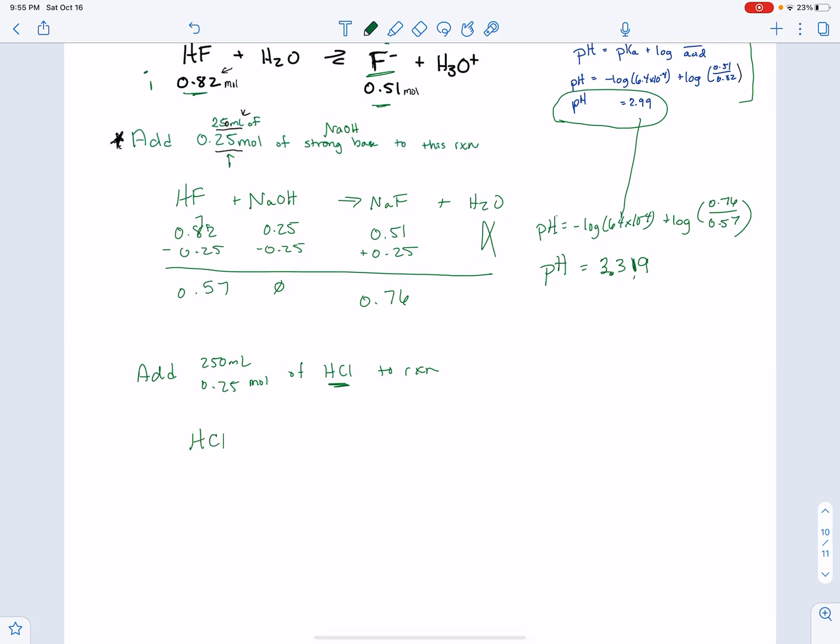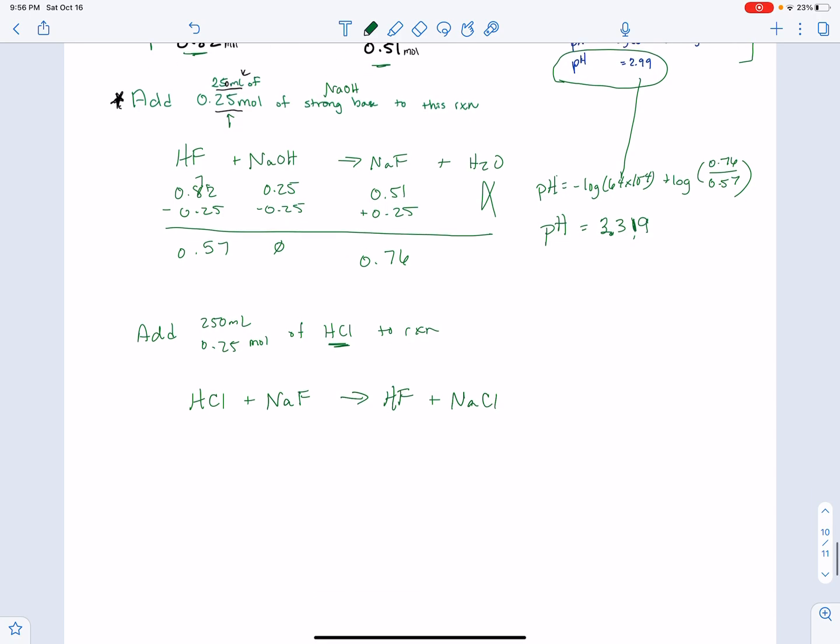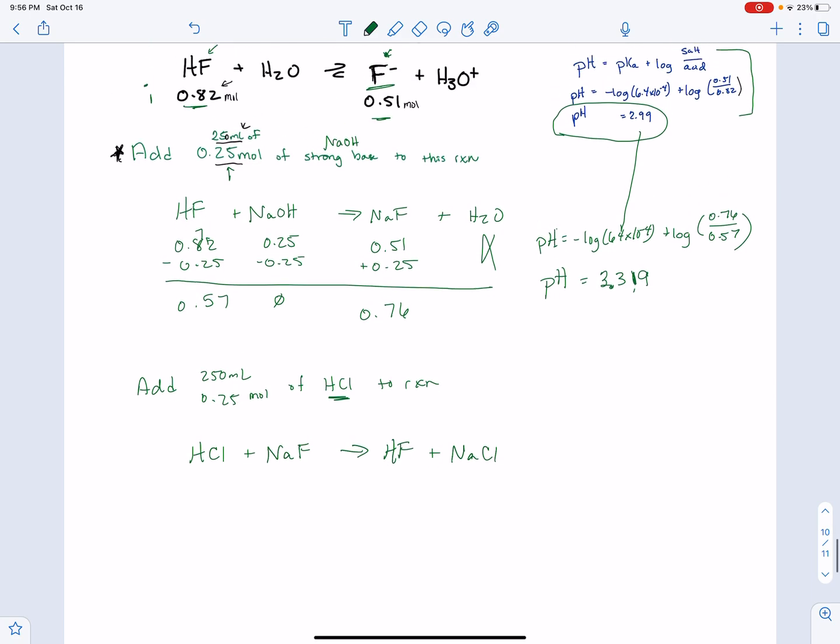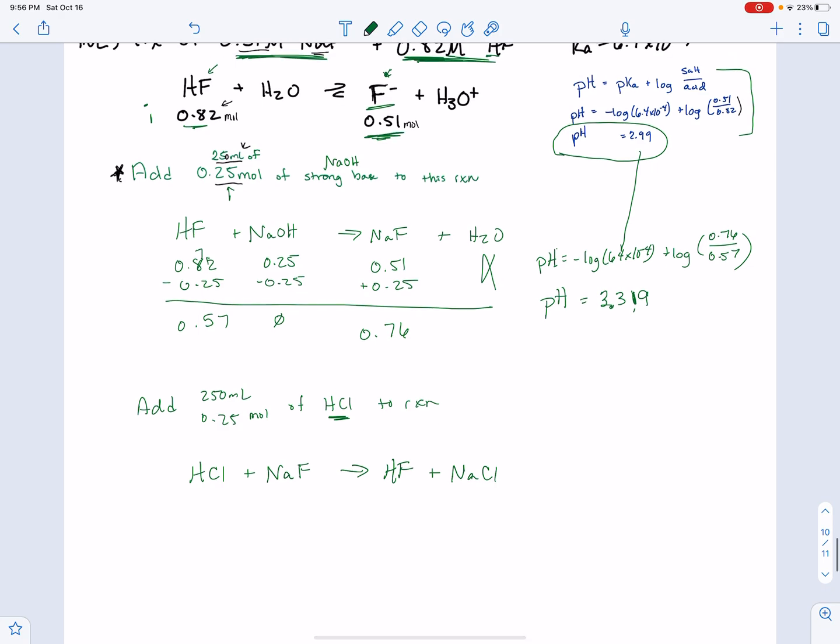So we have HCl plus, if you wanted to do NaF, that's cool, and that would give you HF plus NaCl, because it was originally the NaF. But if you want to write it as F minus, it's okay also. Sometimes people have an issue with the Cl floating around if you don't include it. So then initially, remember on this problem, we had that much F minus, 0.51, and then we had this much HF, 0.82, and then our HCl is what we've just added in, this 0.25.